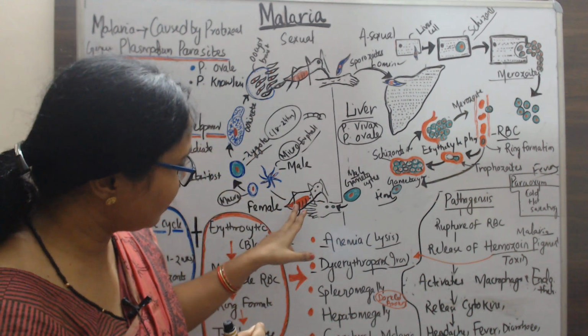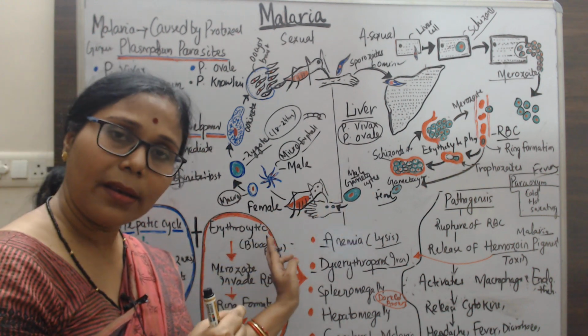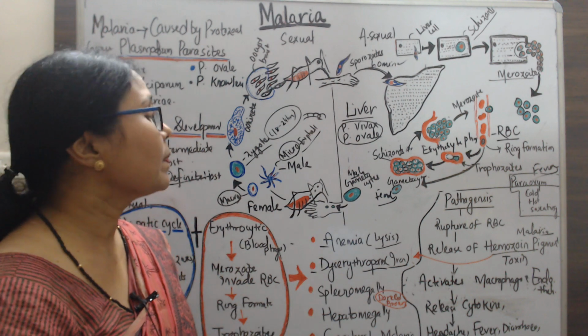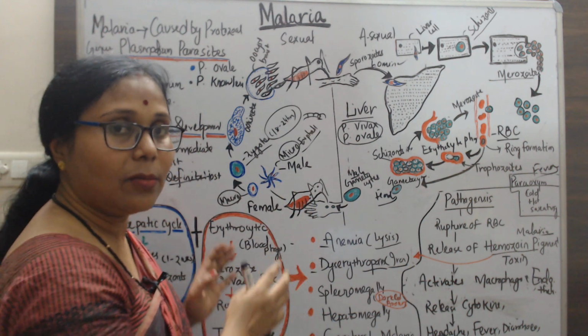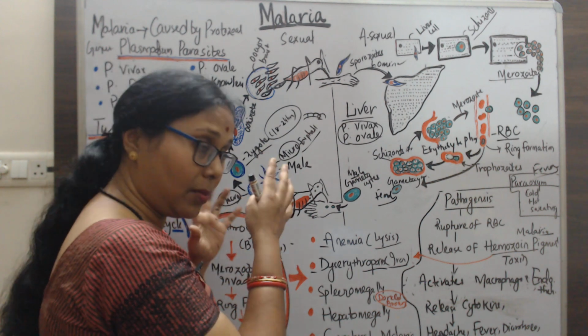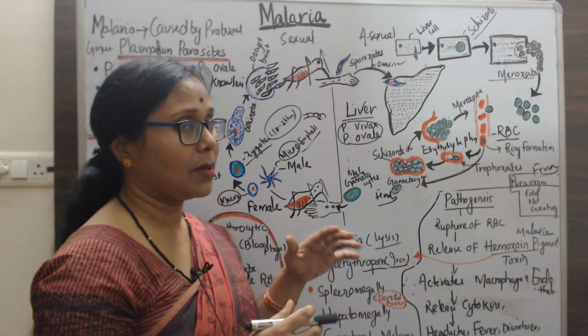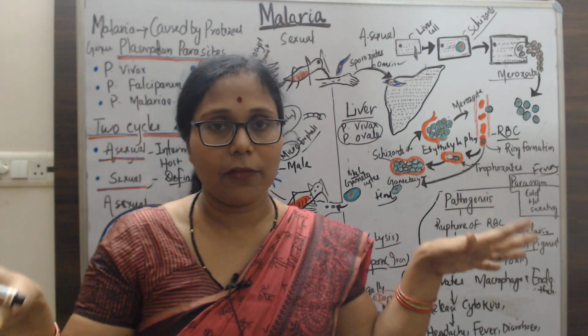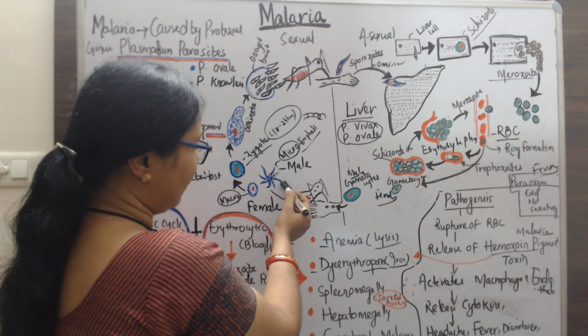So in the gut, the gametocytes enter inside the mosquito. Now we are discussing the development within the mosquito gut. The male gametocytes become flagellated, meaning flagella-like, finger-like structures develop, 8 to 4 finger-like structures.